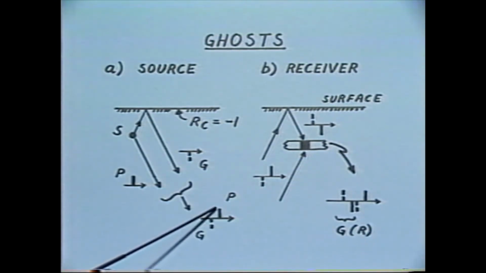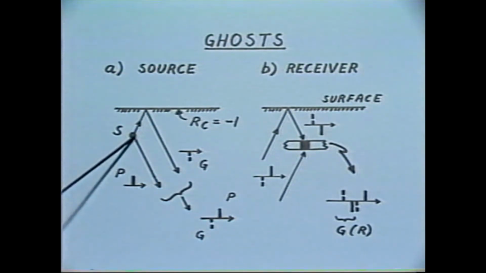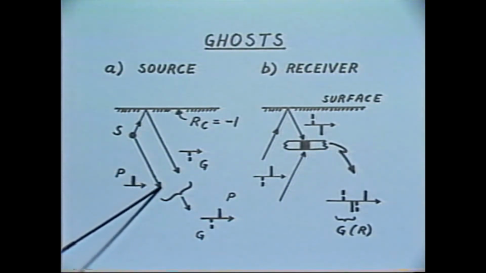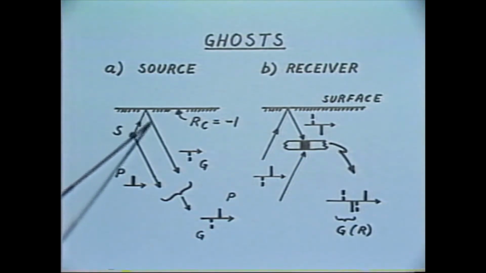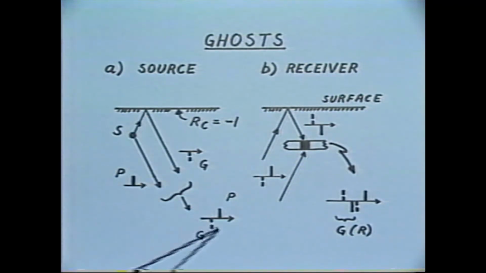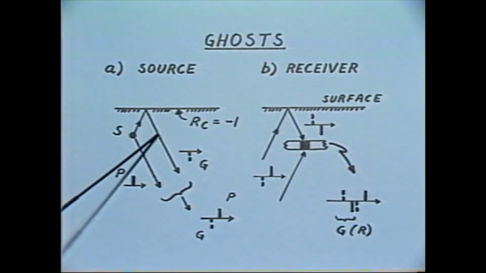We'd see first of all the primary event, that is the impulse which has traveled directly from the source, followed a short time later by a ghost event. And that would be the energy which has traveled to the surface and back down again. Of course, it's later by the amount of time that it takes to travel from the source to the surface and back to the depth of the source again.